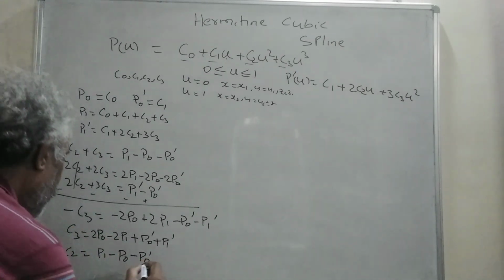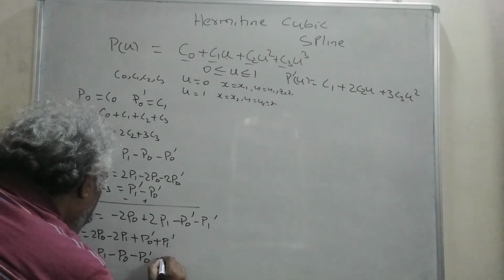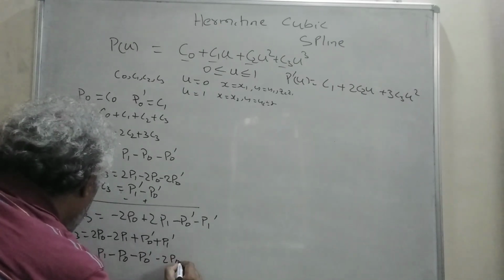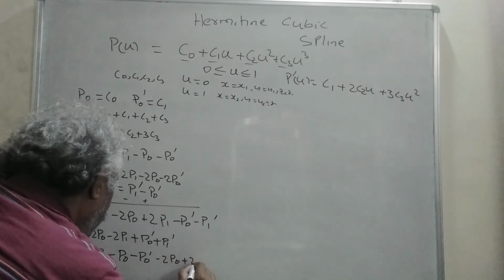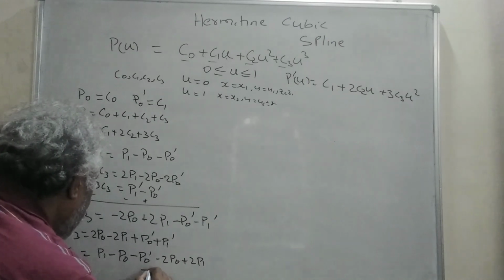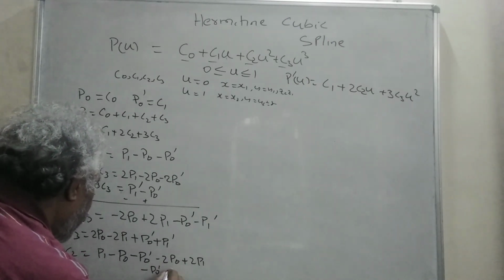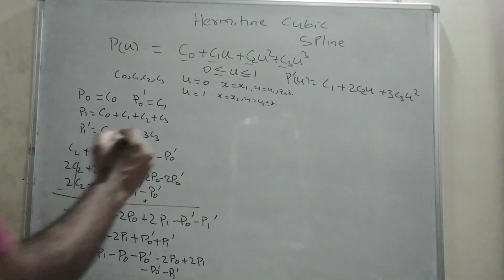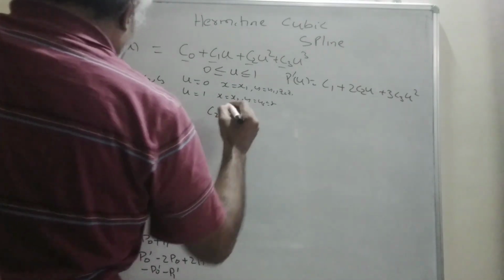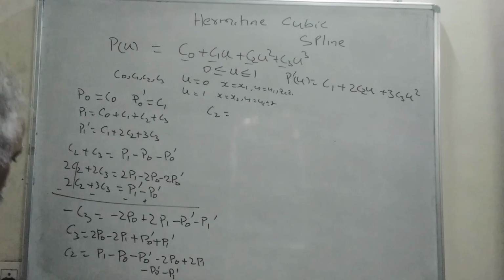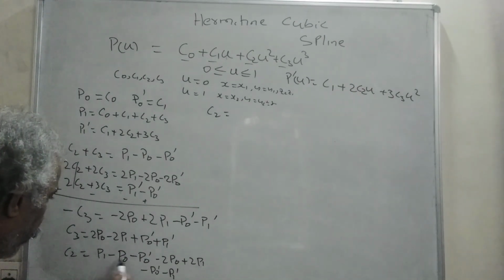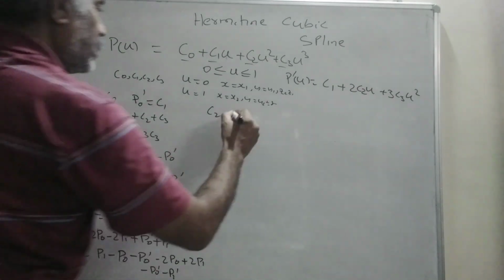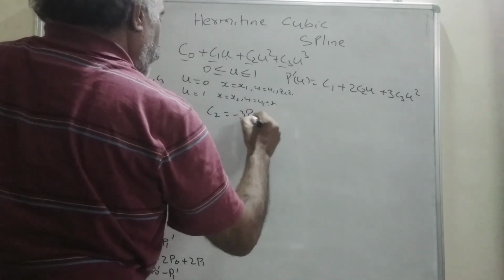The base product is minus 2P0 plus 2P1 minus P0 dash minus P1 dash. So here C2 is equal to, first the P0 terms. How many P0 terms are there? Zero. That means minus 3P0.